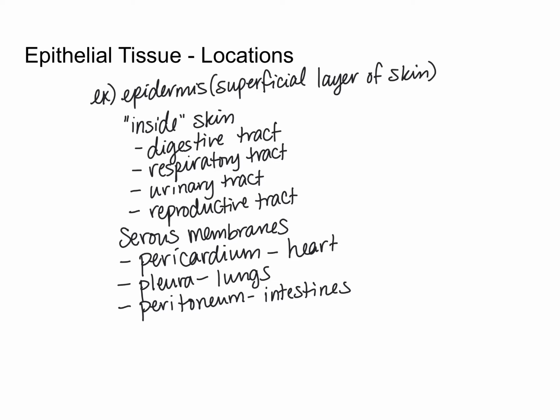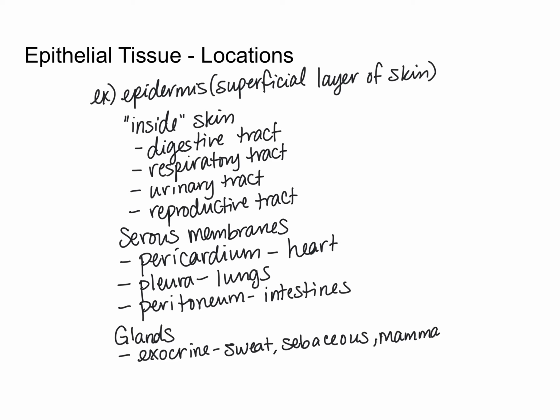And then another area where we would find epithelial tissue is going to be in your glands. And this includes things like exocrine glands, which includes your sweat glands, your sebaceous glands, which produce the oil that you get on your skin and your hair, the mammary glands, which produce milk, etc. We also have endocrine glands, and these are structures that secrete hormones.